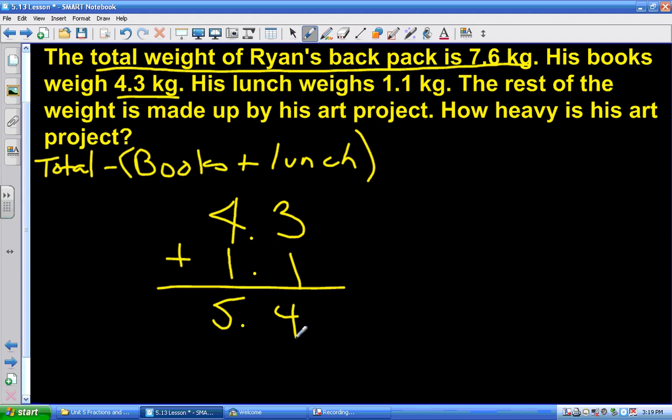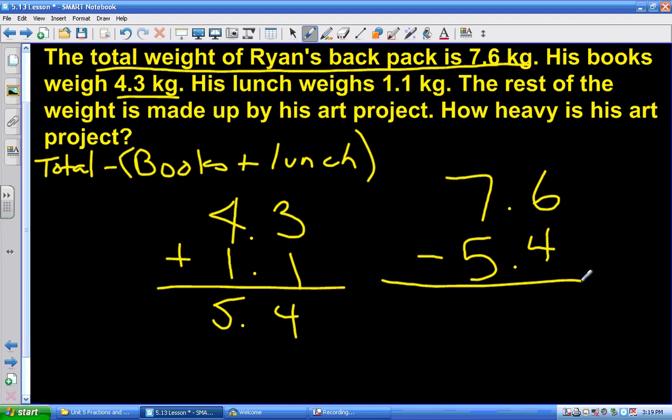Good job. Now, Cole, you're not off the hook yet, buddy. What's the next thing I have to do? Take away that from what? 7.6. Exactly. So I get the total, 7.6. I'm going to take away the 5.4 kilograms, which is his lunch and his books.